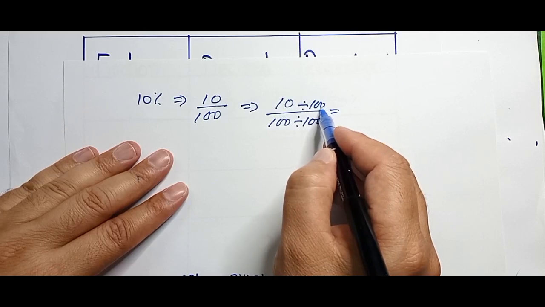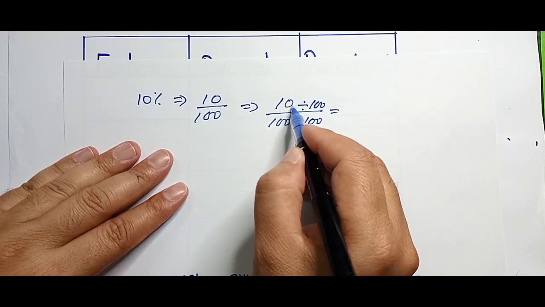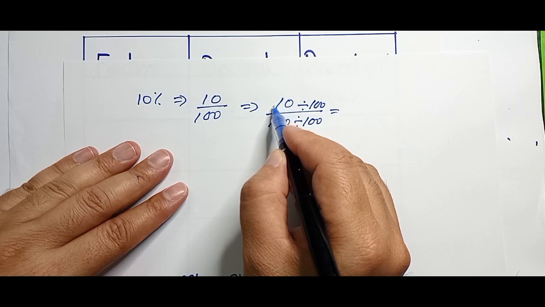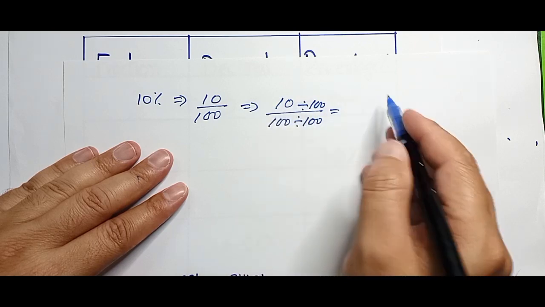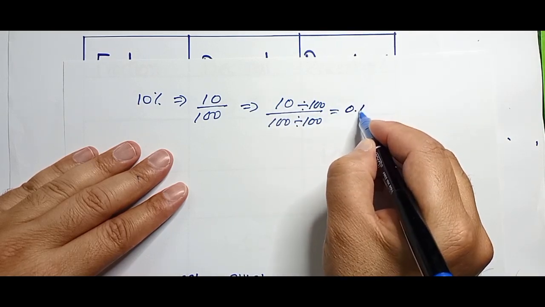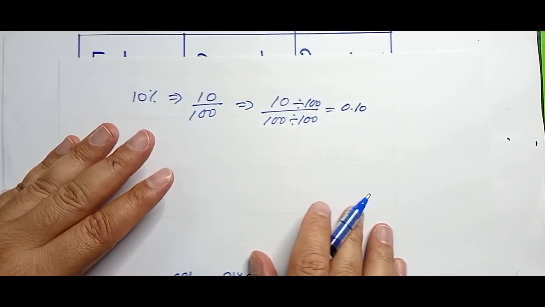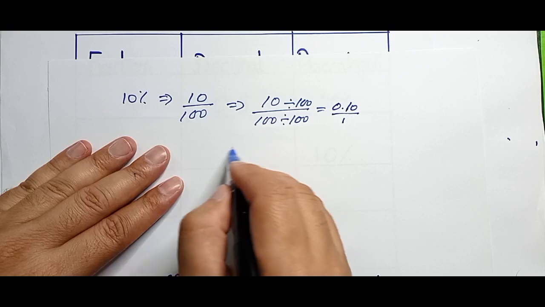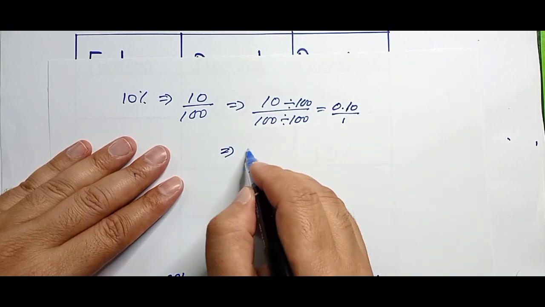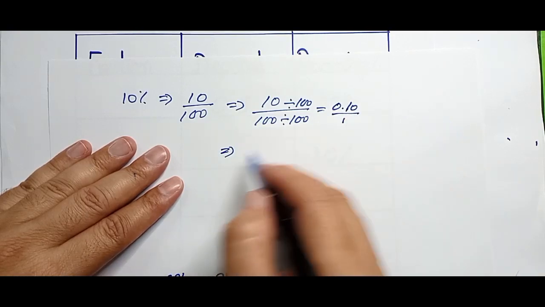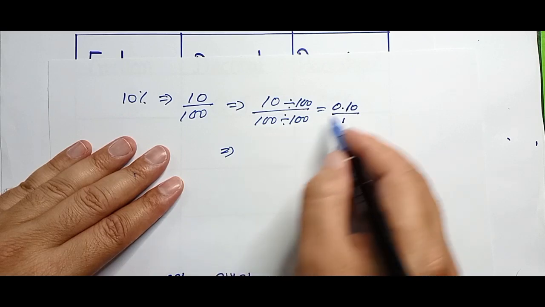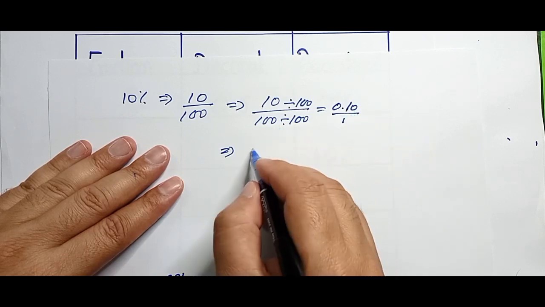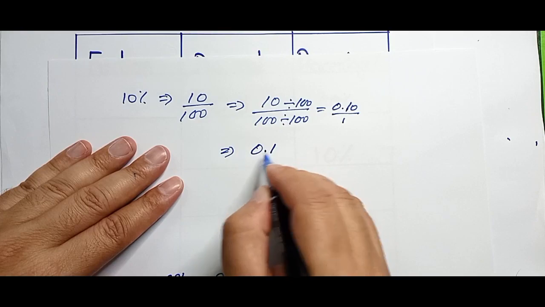How many zeros are here? 2 zeros. So after 2 digits you will add the decimal point. So this will become 0.10 and this will become 1. Now I do not have to write the 1 because I converted it into decimal, so it is 0.1.